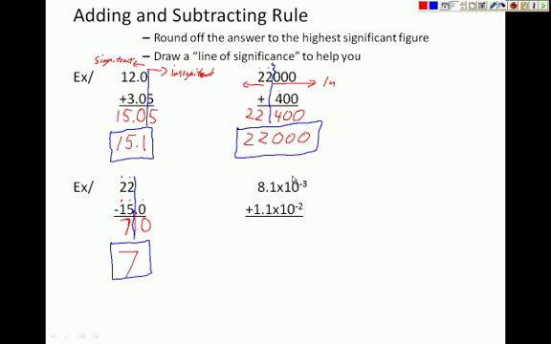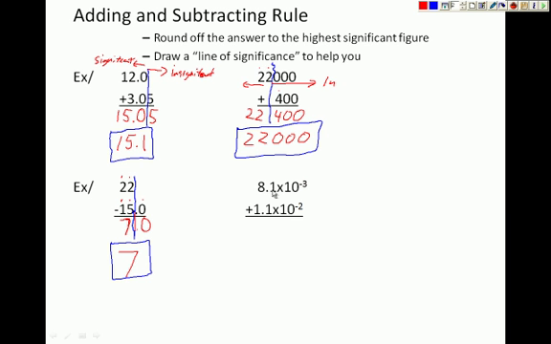Now, here is a little bit of a different one. We see 8.1 times 10 to the minus 3, and we're going to add it with 1.1 times 10 to the minus 2. So our scientific notation is not quite the same. So if we're going to add this up, we should make our scientific notation the same.